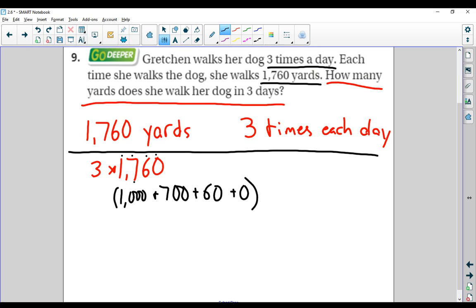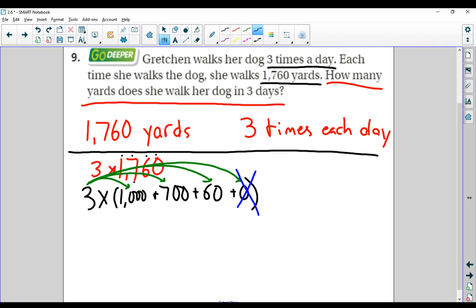So this is 1,760 in expanded form. And what we have to do is multiply that by the factor 3. So we're going to distribute, through the distributive property, this factor of 3 to every one of these numbers in the expanded form. Now, I'm not going to do 0 because, quite honestly, it doesn't mean anything here. It is 0 ones, so I'm going to concentrate just on those 3.